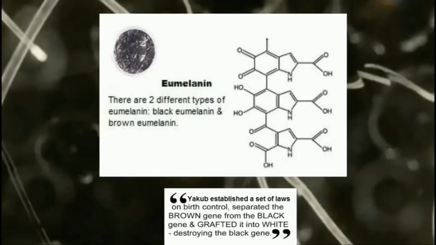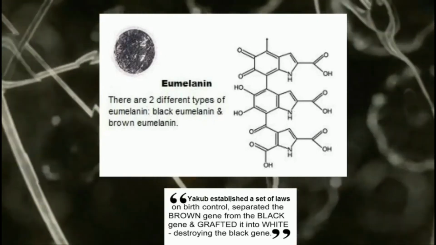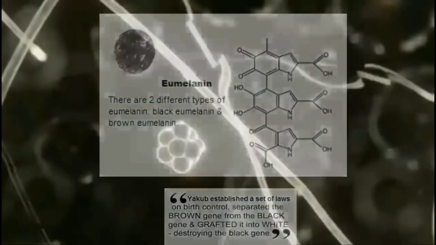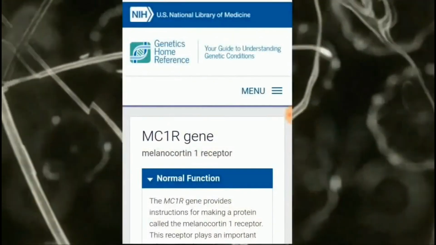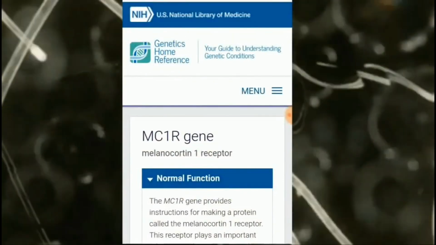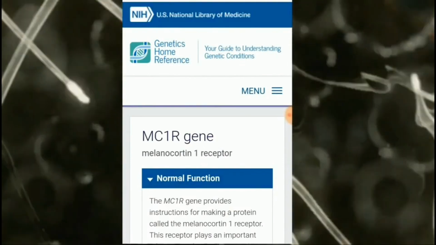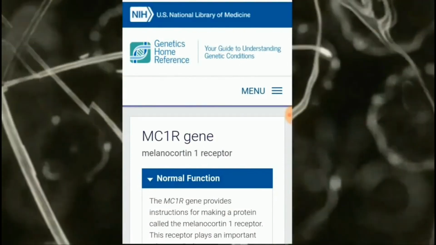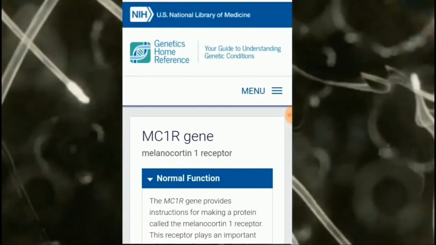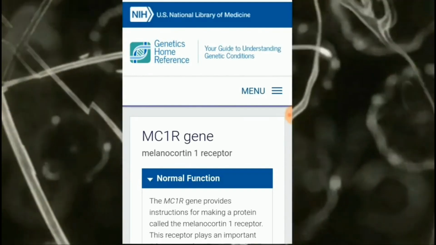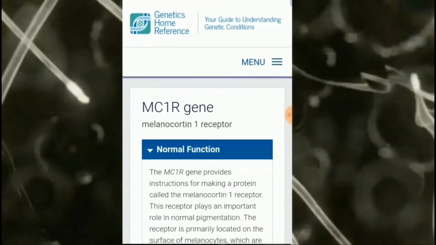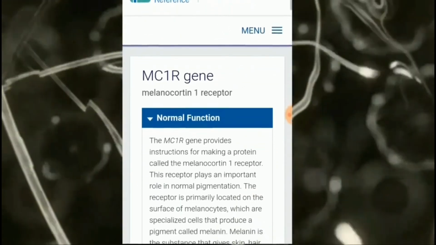And when you look into science, you're going to run into something called the MC1R gene. This MC1R gene is responsible for making a protein known as the melanocortin 1 receptor. And this receptor is basically the most important factor in producing different pigmentation in human beings.